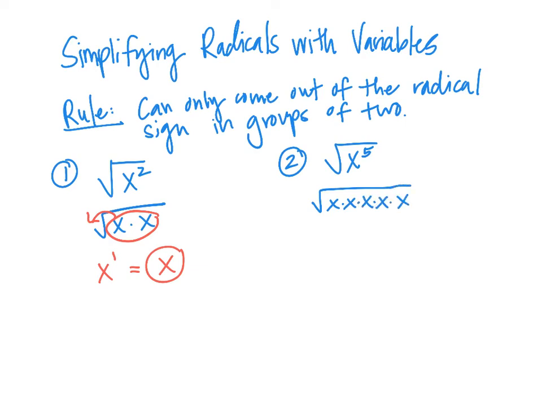And let's take them out in groups of 2. And we cannot take that one out because there's an odd amount. So we have 2 groups of 2, so that means on the outside we're going to have x squared, and then inside the radical sign we're going to have that leftover x.